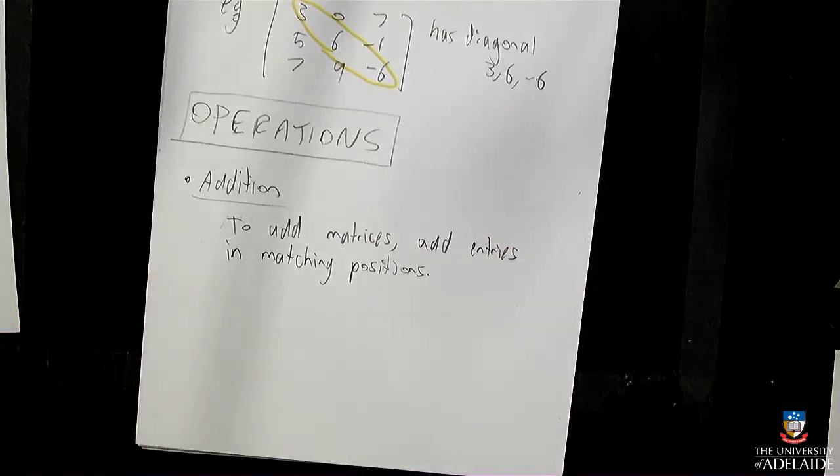So what that means is that position 1, 2 of the first matrix plus position 1, 2 of the second matrix will produce position 1, 2 of the third matrix. And what that means is that you can't do it unless every entry in one has a matching entry for the other. So they have to be the same size.